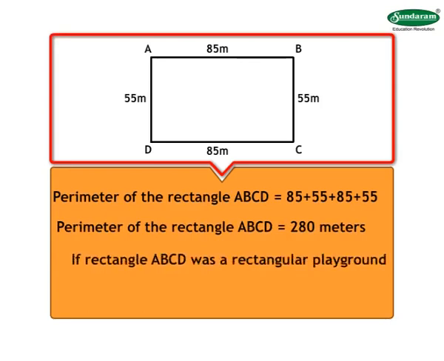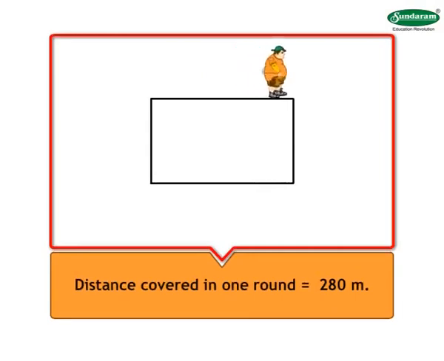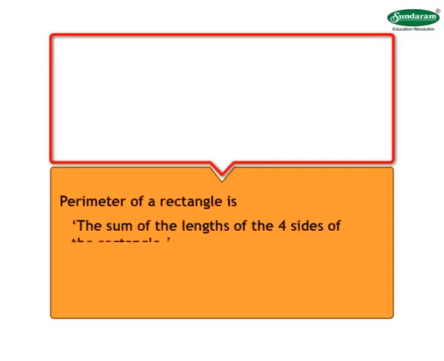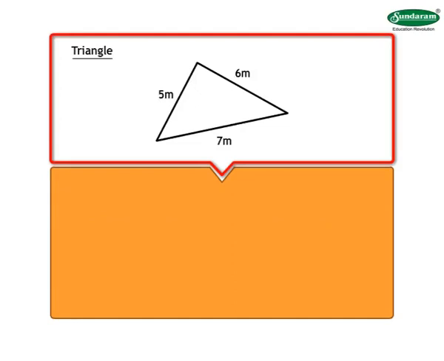Thus, if rectangle ABCD was a rectangular playground, then the distance covered by any person in one round will be same as its perimeter, that is 280 meters. Hence, we can say that perimeter of a rectangle is the sum of the lengths of the four sides of the rectangle.